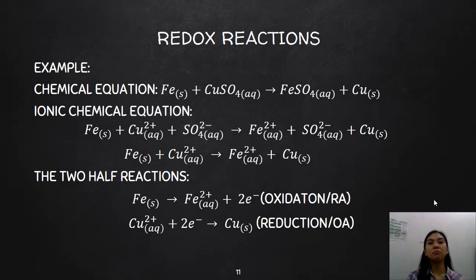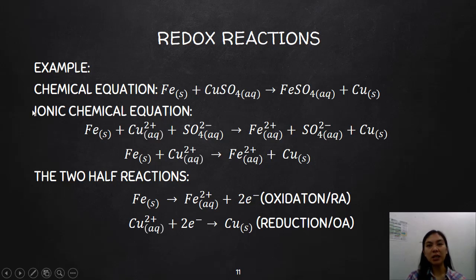So let's have an example for redox reactions, just as part of recalling. If we have this chemical equation wherein you have iron in solid form plus copper sulfate in an aqueous solution, yielding iron sulfate, or ferrous sulfate, in an aqueous solution plus copper in solid form.